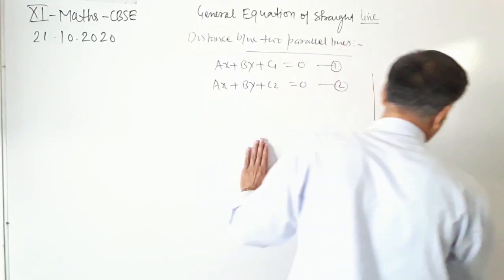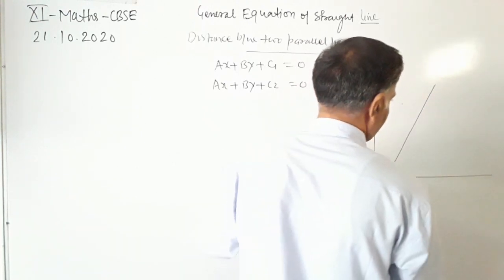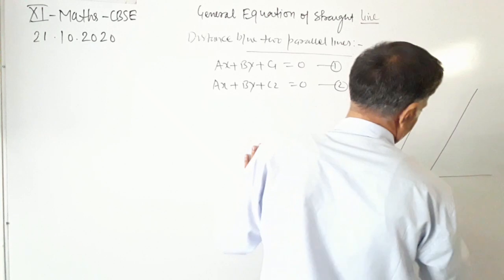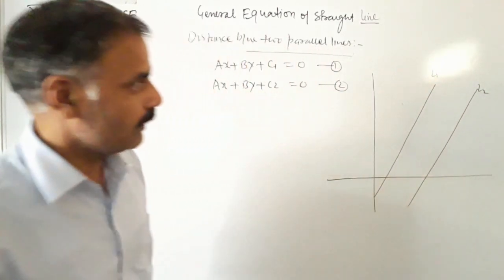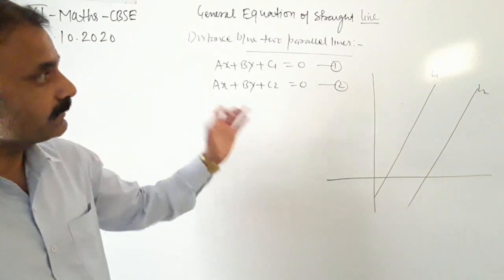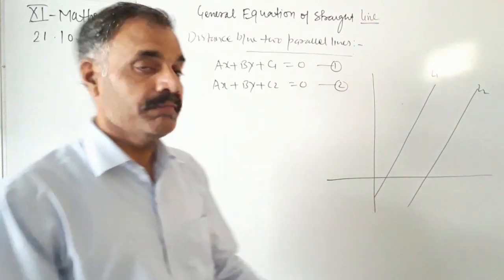So this is the y-axis, this is the x-axis. Let us suppose this is line 1, this is line 2. Now how to find the distance between these two lines? That is the main thing.